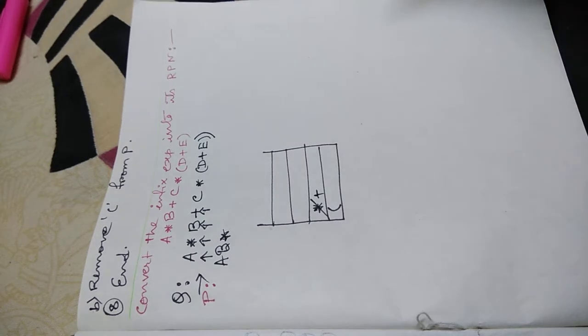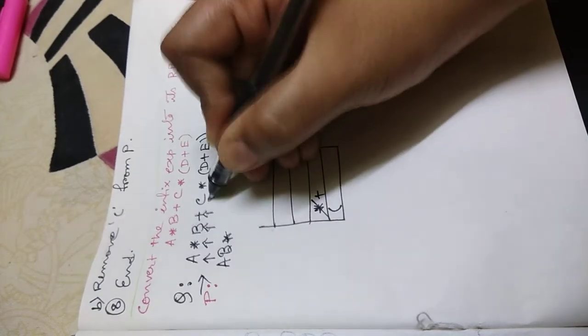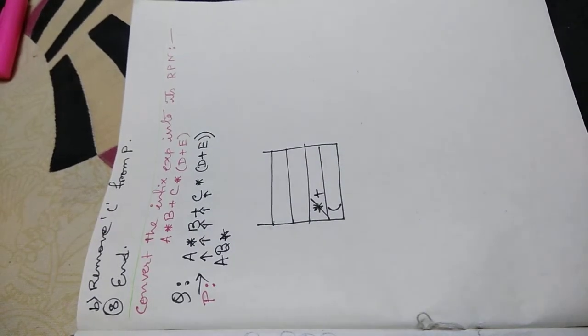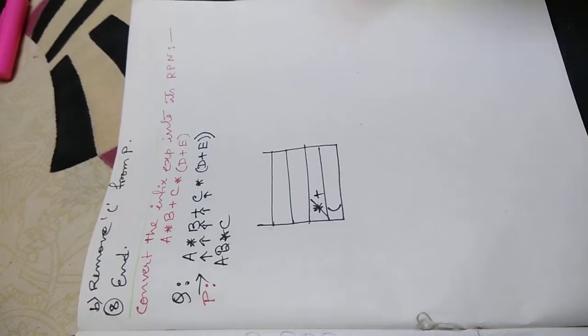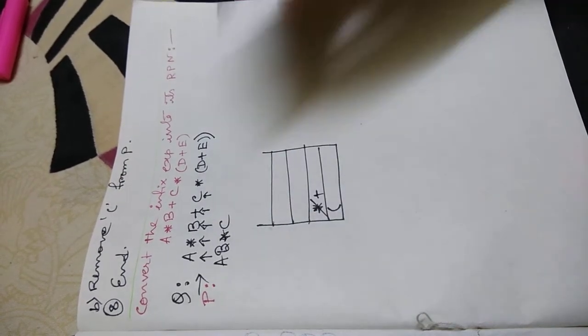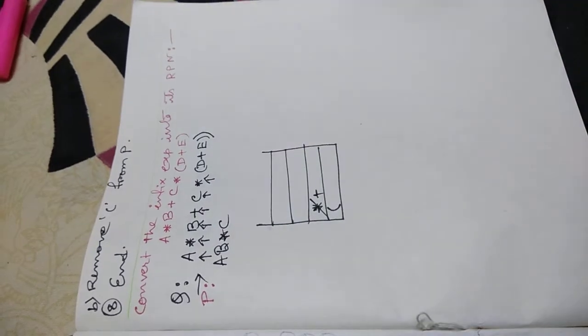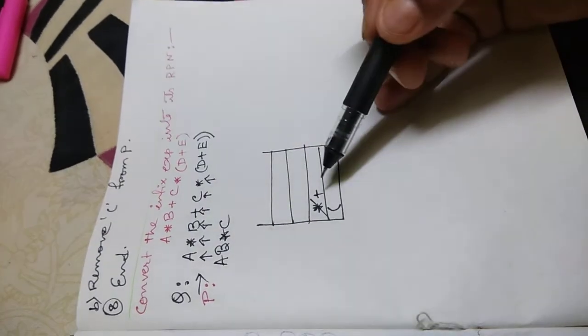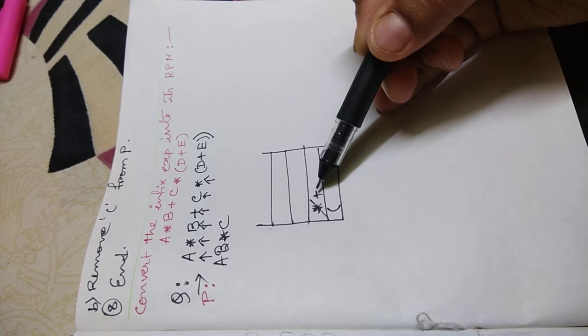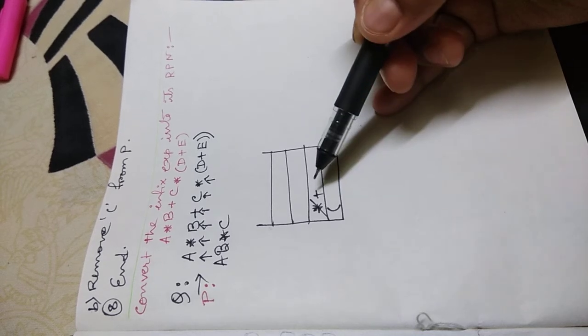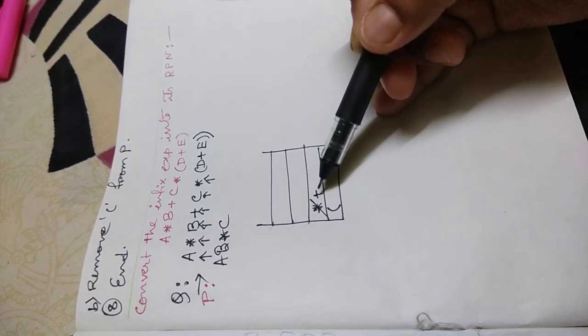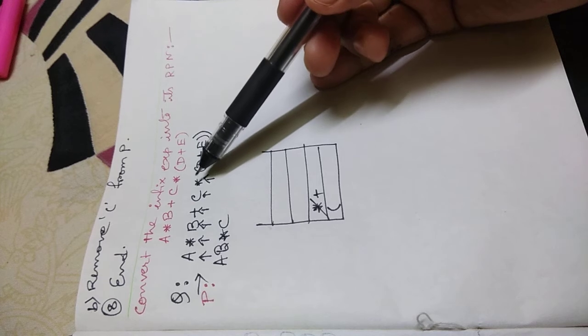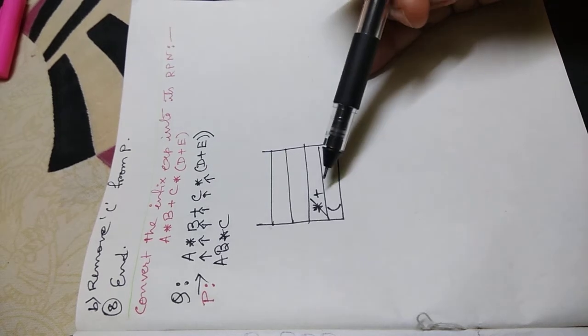Clear? Next what? Next is C. That is an operand. If it is an operand, then add it to P. Fine. Now asterisk is encountered. The top of the stack has a plus, which has lesser precedence than this asterisk. So we need not pop plus.